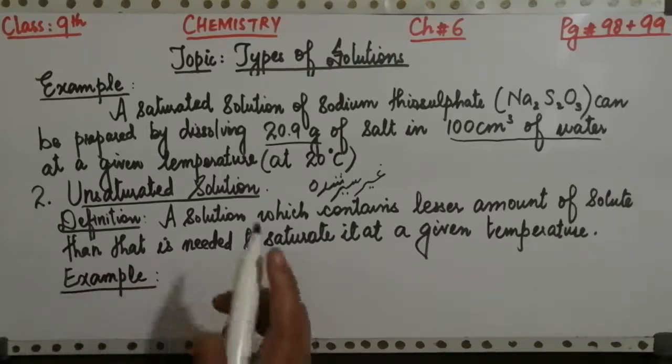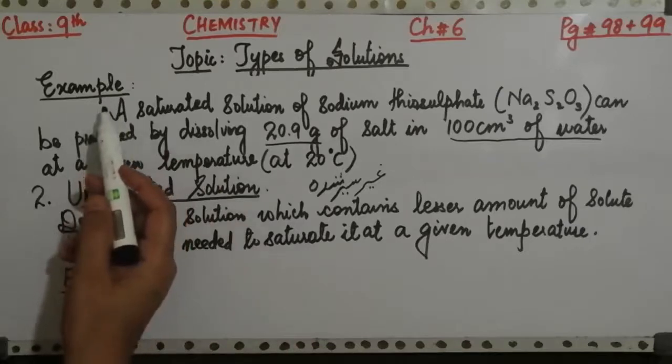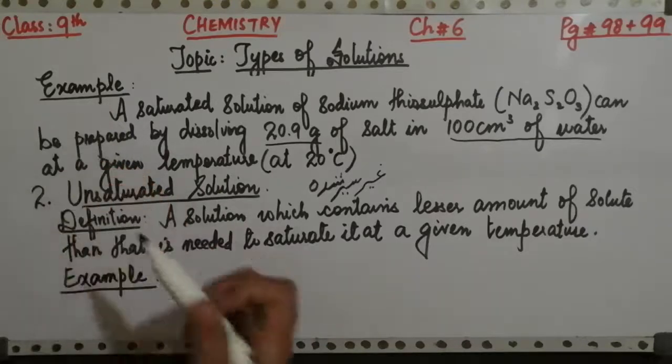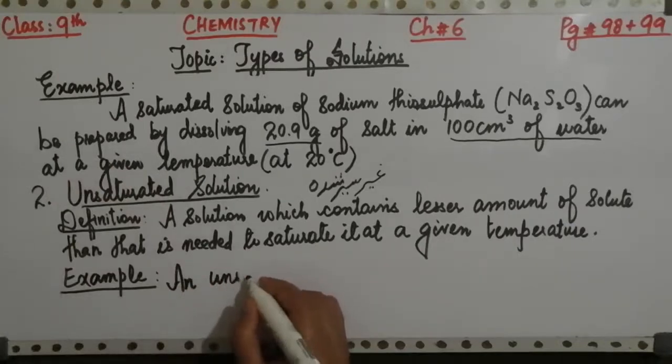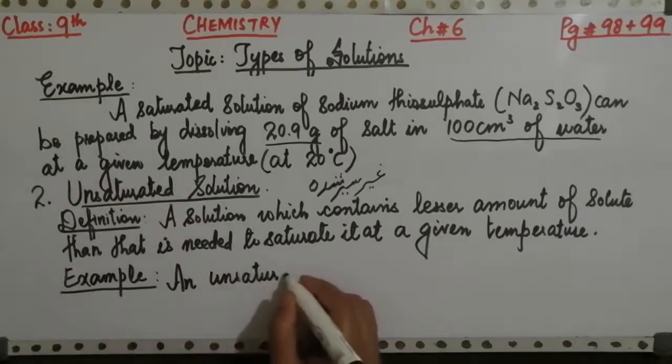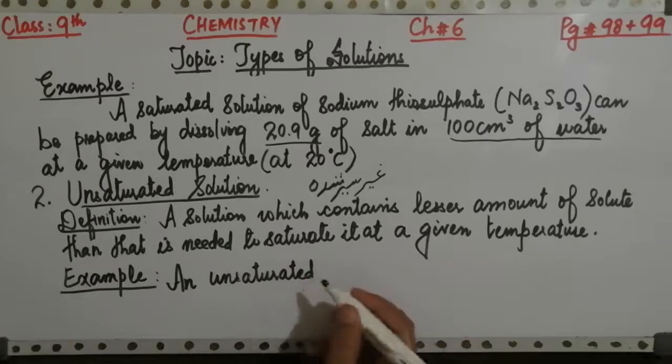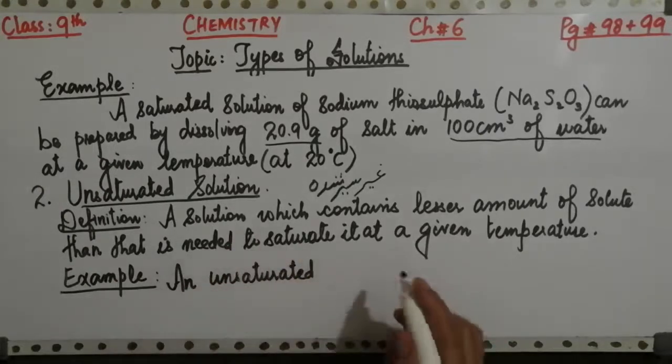For this purpose I am taking the help from this example of saturated solution. So an unsaturated solution, same you will apply the same example in this way with little bit changes.